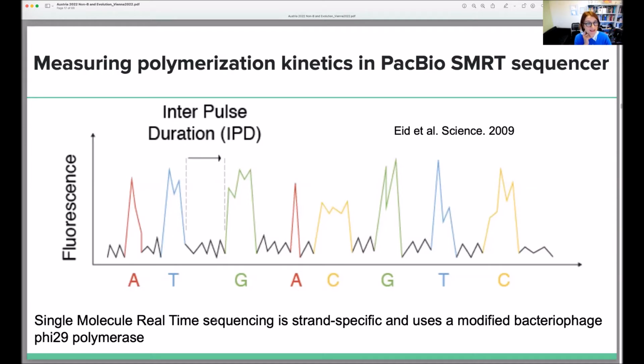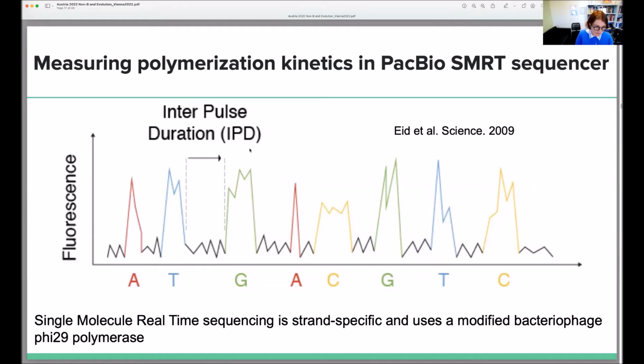When we did a quick analysis of these interpulse durations, the timing of incorporation of nucleotides, we found some irregularities. We found that sometimes the IPDs, or the timing of incorporation, are affected by non-B DNA motifs, by these stretches of Gs for G quadruplexes and so on.